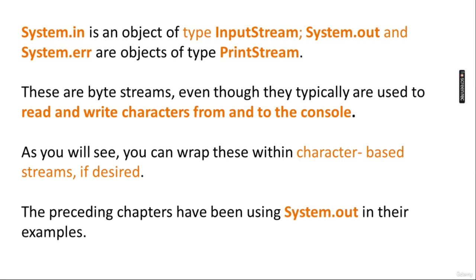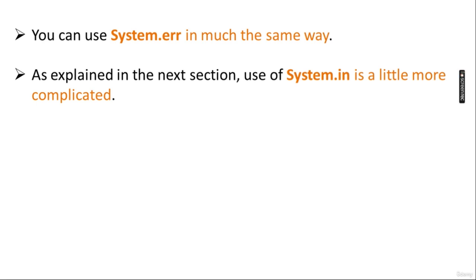In the preceding chapters we have been using System.out in our examples, like System.out.println, to print the output. You can also use System.err in the same way as System.out. As explained, use of System.in is a little more complicated.